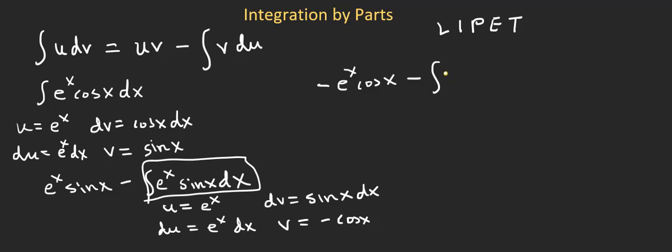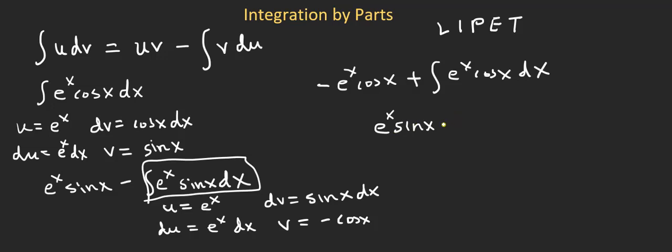which is going to be negative. So negative times negative is positive, e to the x cosine x dx. Okay, now we already had that negative, so we're going to distribute the negative here. And we had this portion right here, e to the x sine x. So this whole thing is actually e to the x sine x.